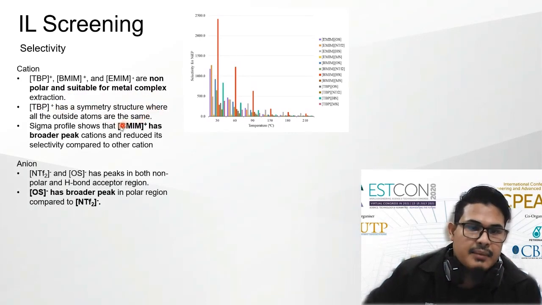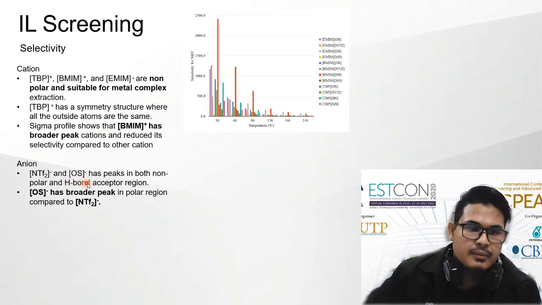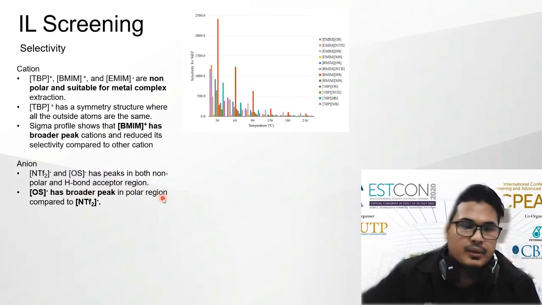BMIM OS has a broader peak when we study using the sigma profile, and it shows a lower selectivity compared to all the other cations being tested. However, for anions, NTf2 and OS, octyl sulfate, have peaks in both the non-polar and the hydrogen bond acceptor regions, and OS has a broader peak in the polar region compared to NTf2.